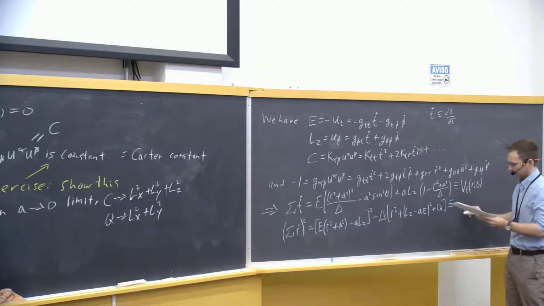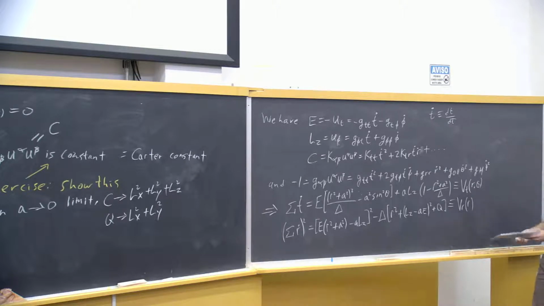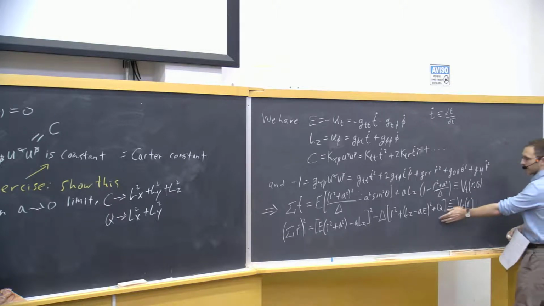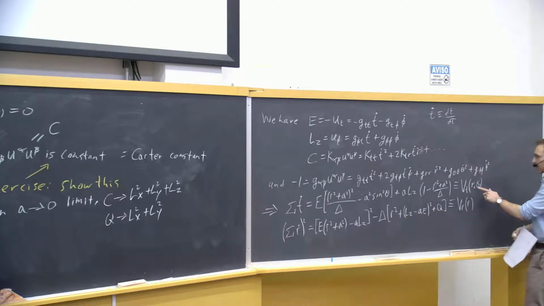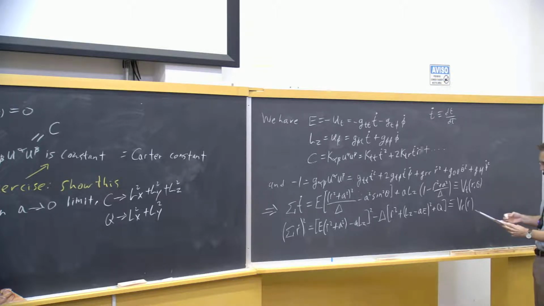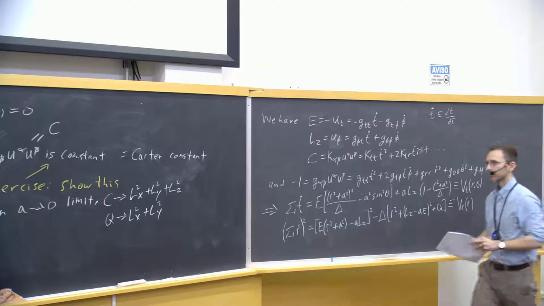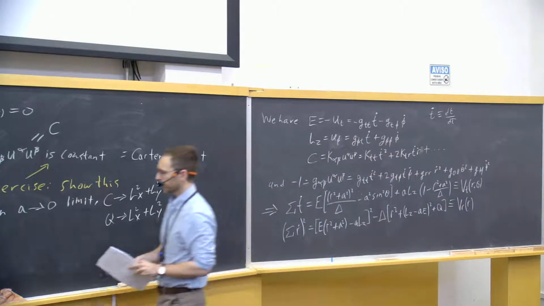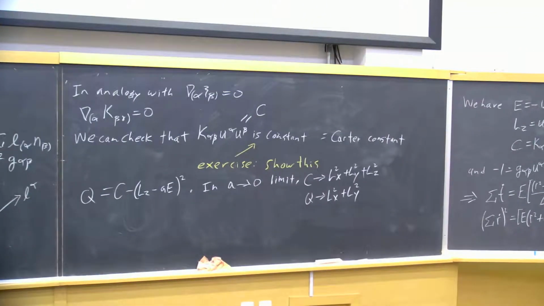And let me define it to be VR of r. So this only depends on r, not even theta. And I'm going to run out of room, so I'll move to the far board.